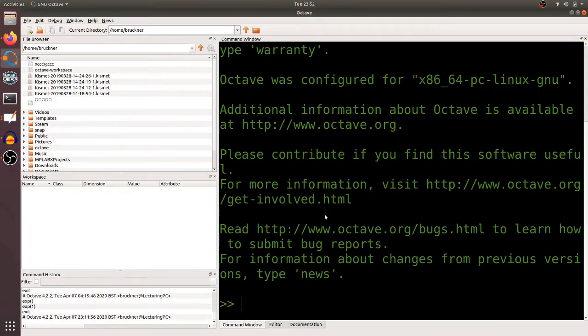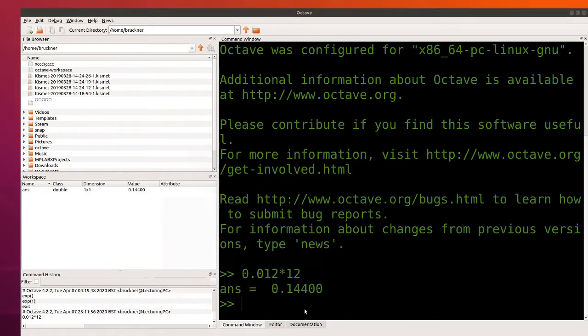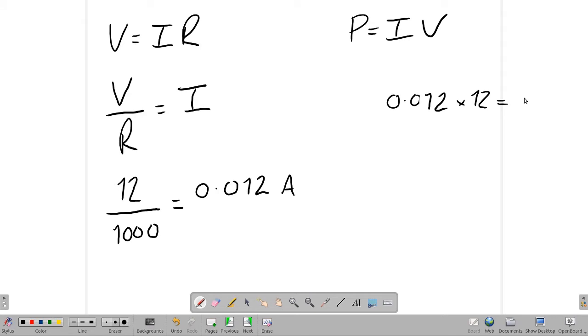I can just type that in here, and this gives us 0.144 watts. So here, using V equals IR, we've found the current and we've found the power output.